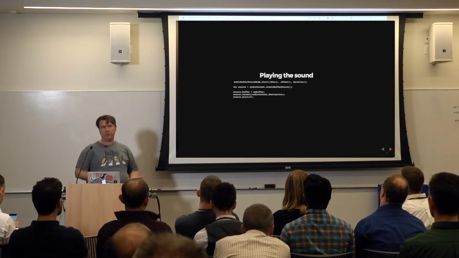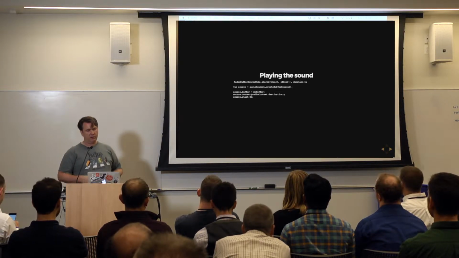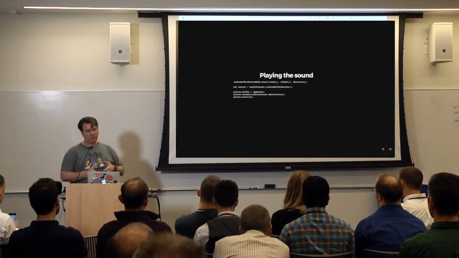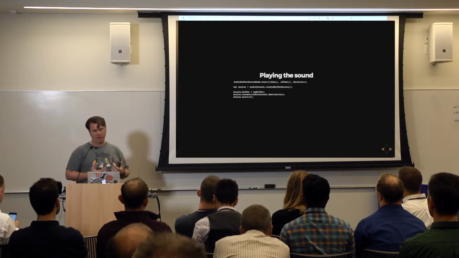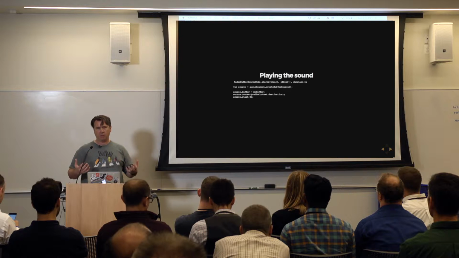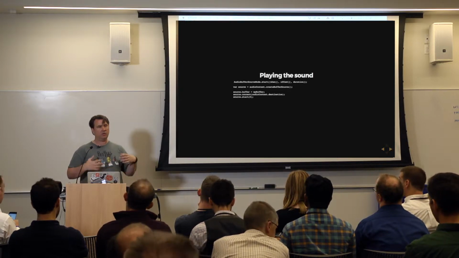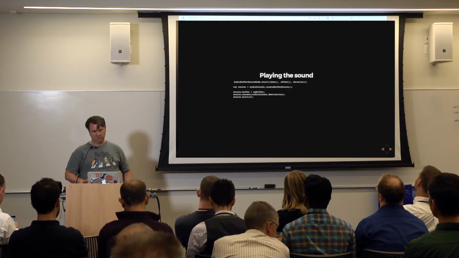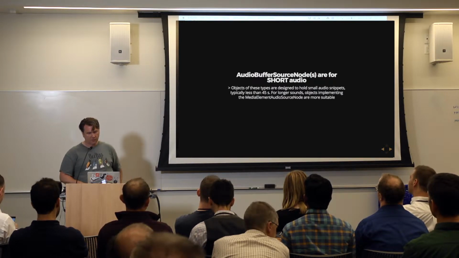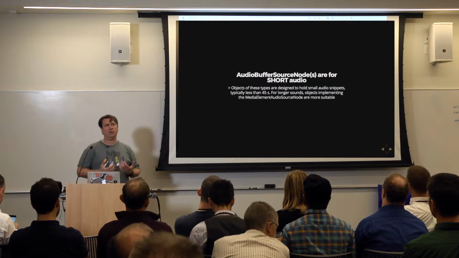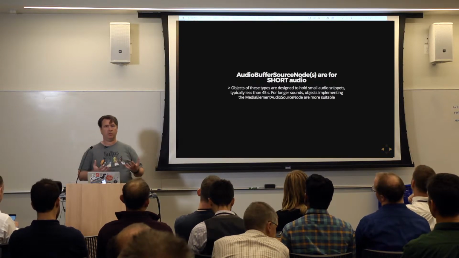All we have to do after that to play this sound is create an AudioBufferSourceNode, put all that wave data into this buffer, and then we can just call start on the source. This is the way that you handle loading sounds that are short.